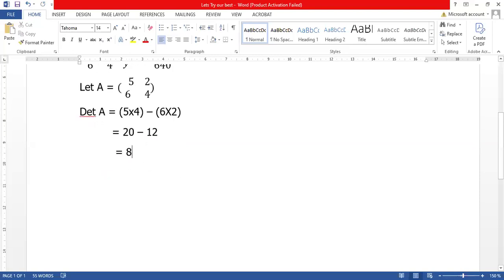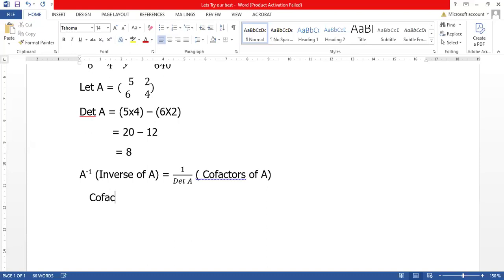Once you have your determinant, what will be the inverse of matrix A? For the cofactors of A, do you recall how we get cofactors?